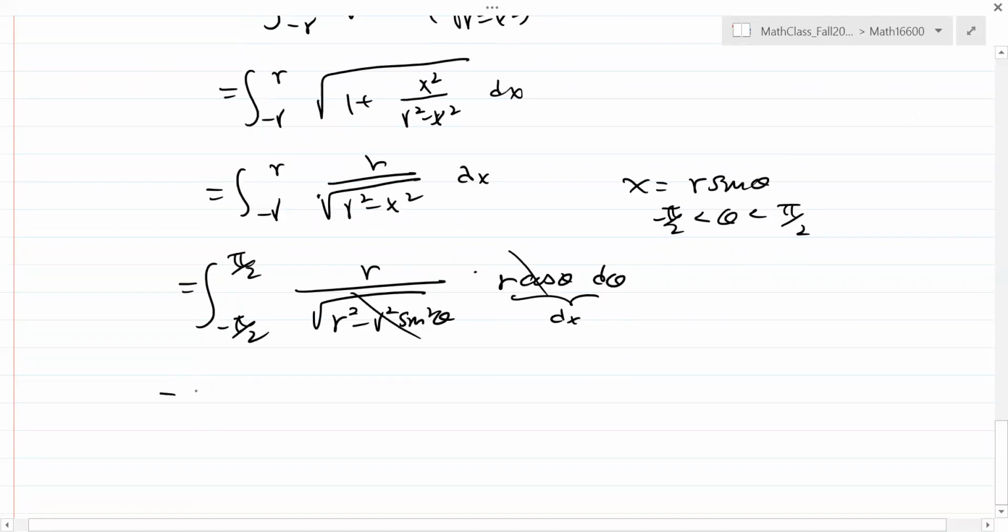So you only get the integral of r d theta, which is just pi times r. So pi times r is the length of the upper semicircle.